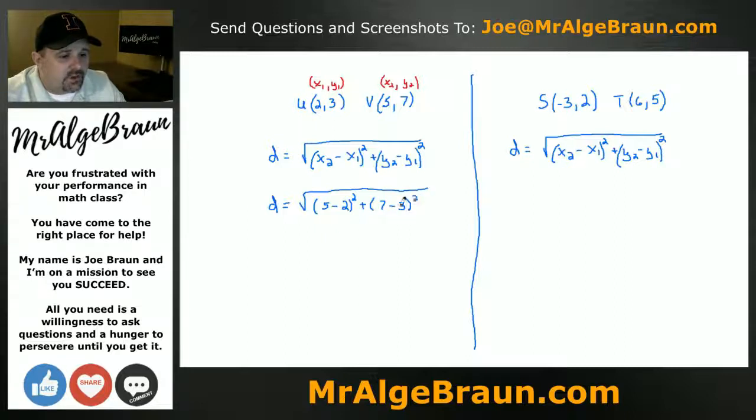And so we'll square that. And so d is going to equal the square root, and let's take care of these parentheses. So 5 minus 2 is 3, and 3 squared is 9, plus 7 minus 3 is 4, and 4 squared is 16. And so d is going to equal, if we take 9 and 16 and add them together, we get 25. The square root of 25 is 5.